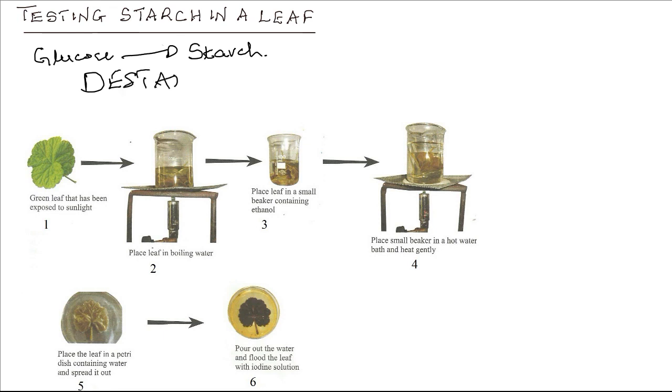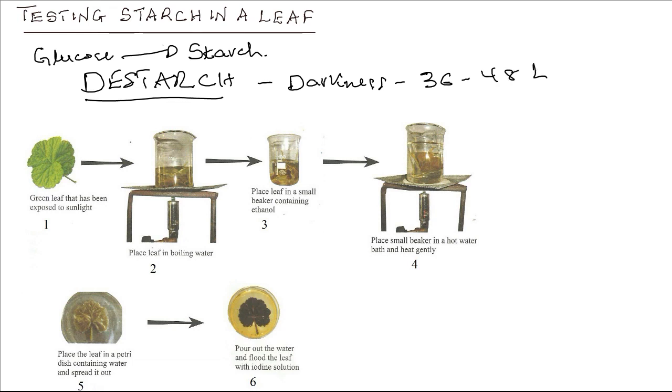So we destarch, and destarching involves placing the plant, conveniently a potted plant, in darkness for a period of 36 to 48 hours.